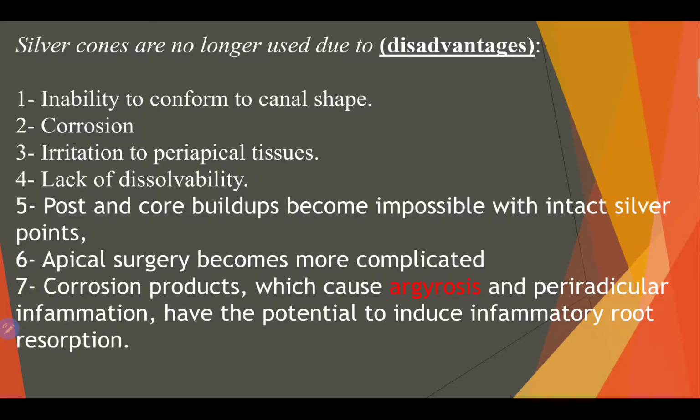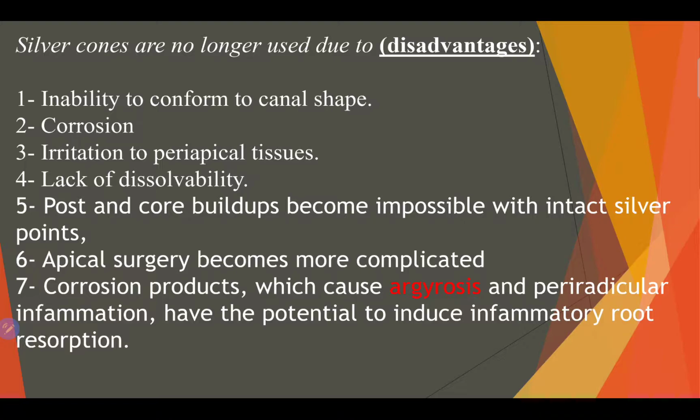It's a metal-like cone. Apical surgery becomes more complicated. Yes, we cannot do any apical surgery in this case. It's very complicated. There is no hermetic seal in the periapical third, so we cannot do any surgical or apical surgery to the tooth.